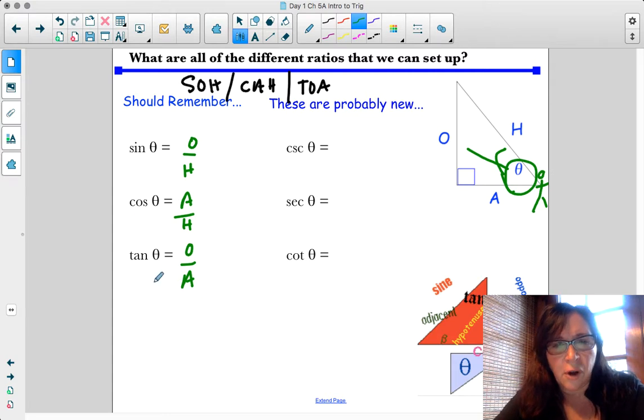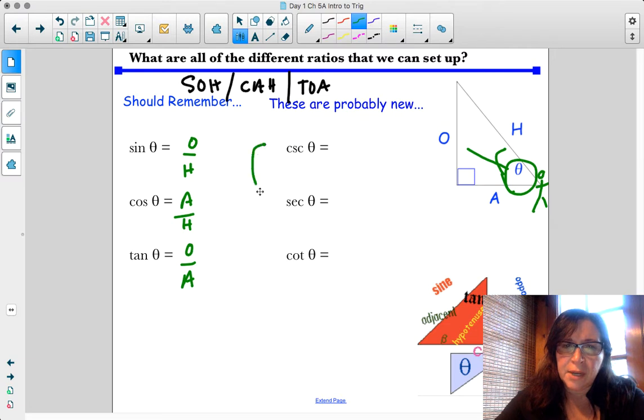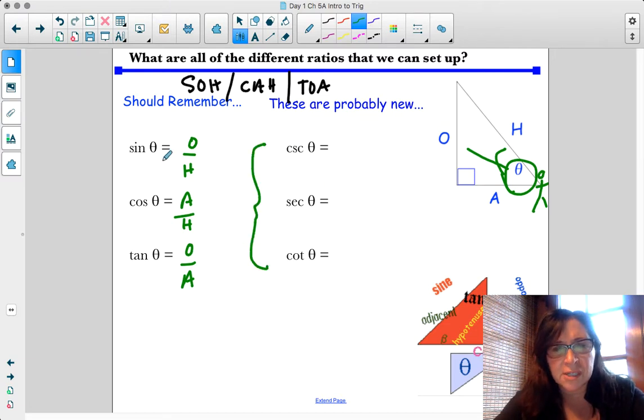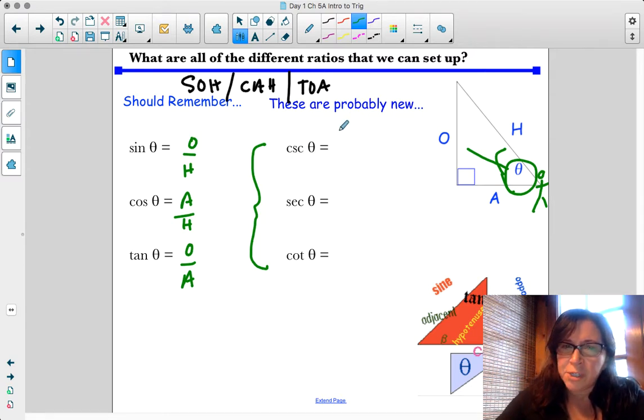Now, these are our three trig functions that we've been using in algebra, geometry, and now algebra 2. However, these three here have what we call reciprocal functions. The reciprocal of sine of theta, which is opposite over hypotenuse, is cosecant of theta, which is hypotenuse over opposite.